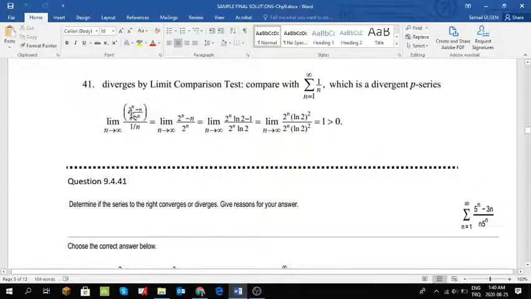The question is the same: determine whether the series is convergent or divergent. We compare the series with the harmonic series, and the harmonic series is divergent, as you all know, and we take the limit of a_n over 1 over n.